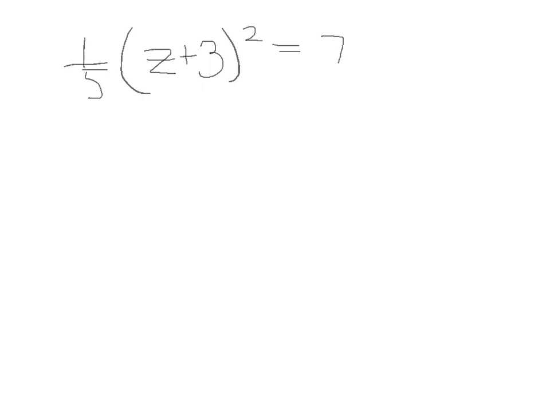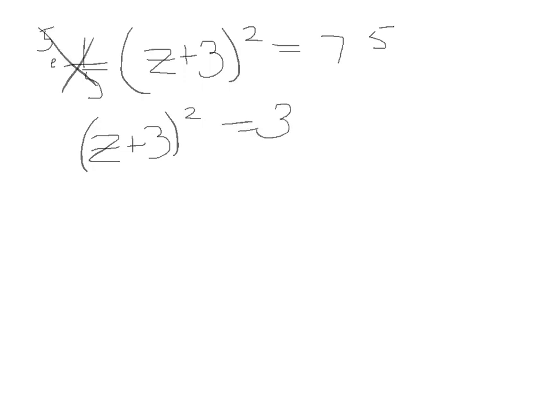Okay, let's isolate the squared part of it. So first, I need to take my z plus 3 squared, and I need to multiply both sides by 5. That will mark out this and give me 35 here.